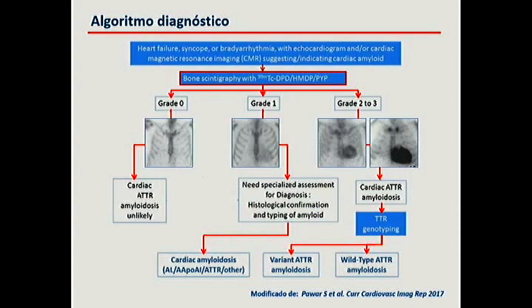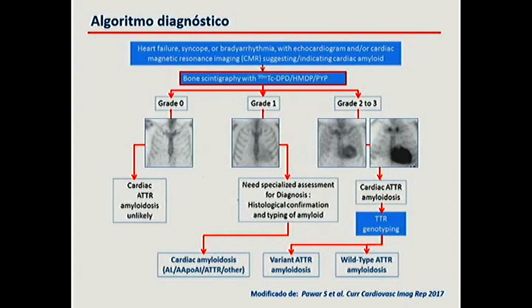And here we have a proposed flow chart. If we have a patient that, due to MRI, has suspected cardiac amyloidosis, then we perform a tracer injection. We inject phosphates and we can find degree 0, 1, 2, 3. If it's degree 0, then it's very improbable that it's ATTR amyloidosis.